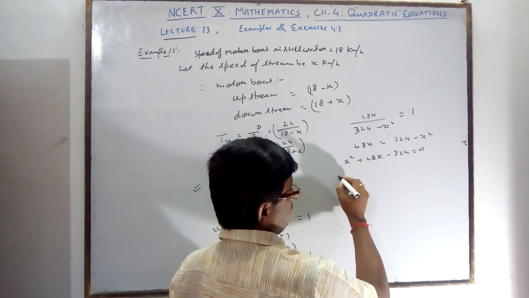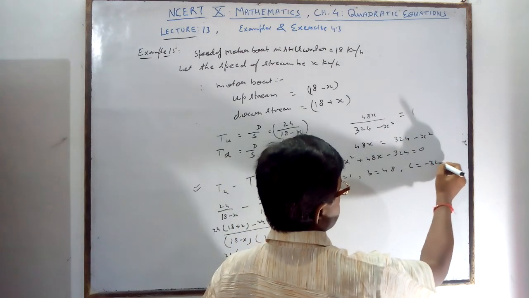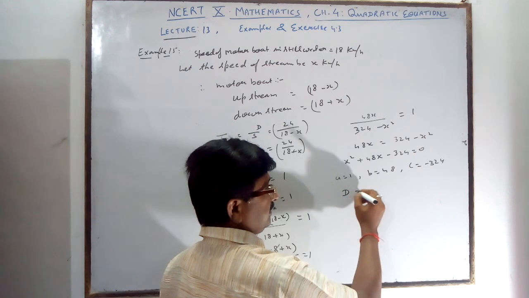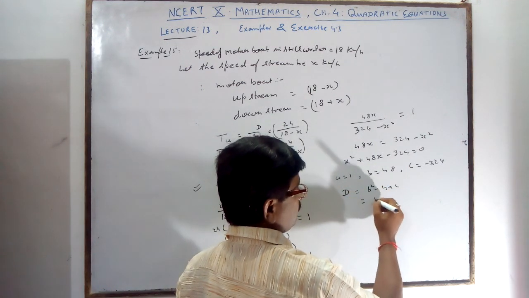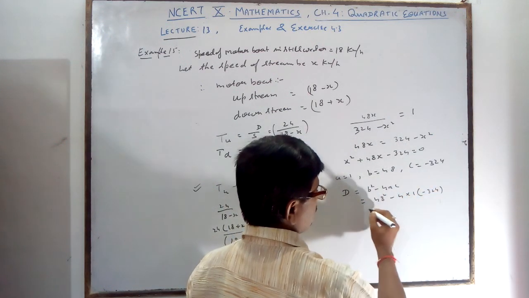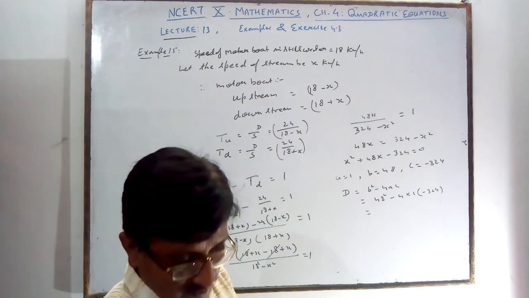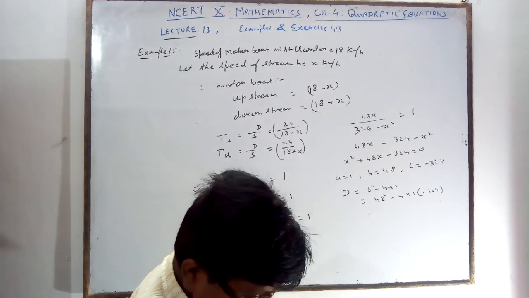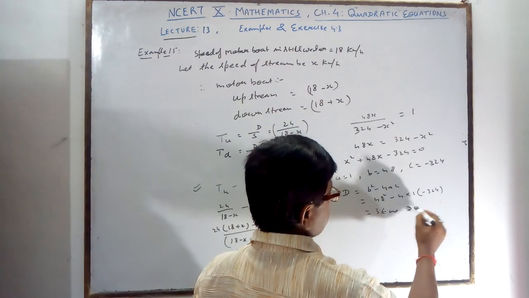So in x square plus 48x minus 324, a is 1, b is 48 and c is minus 324. Calculate the discriminant: b square minus 4ac, that is 48 square minus 4 into 1 into minus 324. When you solve this, your answer will be 3600, which is greater than 0.